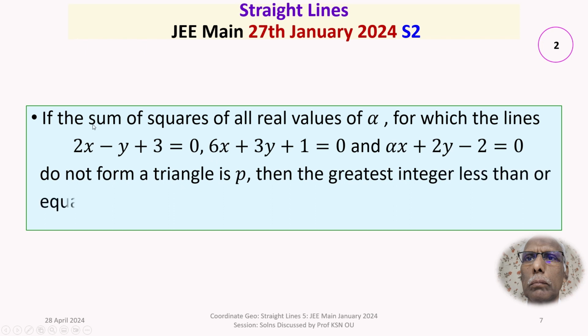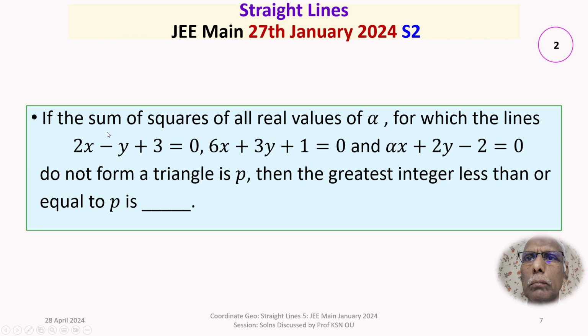What is P? P is the sum of the squares of all real values of alpha. Then the greatest integer less than or equal to P is, it is a numeric value type question. And the question says, we have 3 straight lines. One of the straight lines contains alpha.